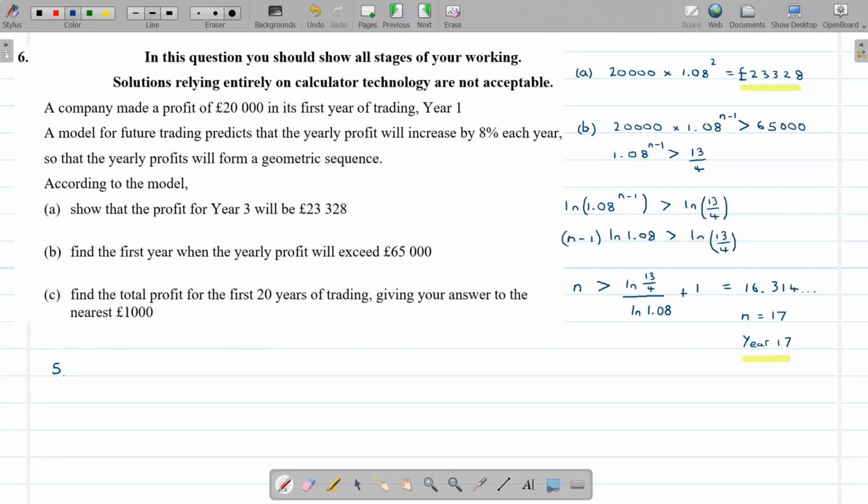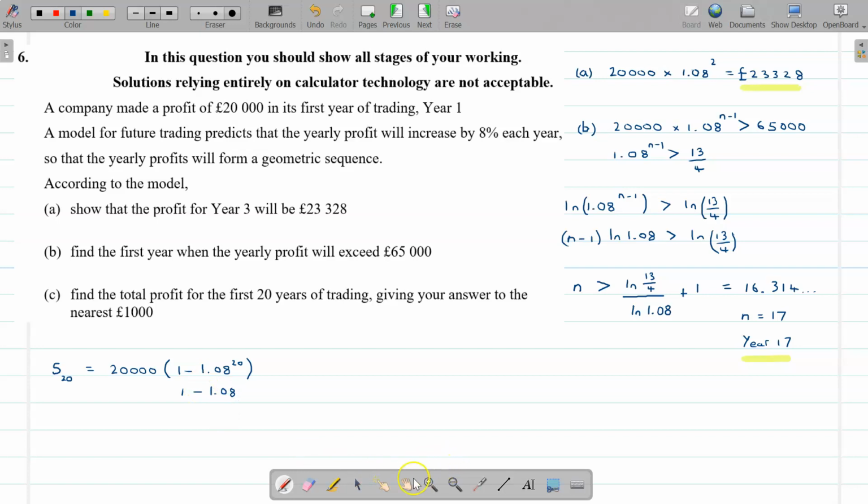So the sum of the first 20 terms of a geometric sequence is equal to the first term, which is 20,000, and that's got to be multiplied by 1 minus the common ratio, 1.08 to the power of 20, divided by 1 minus 1.08.